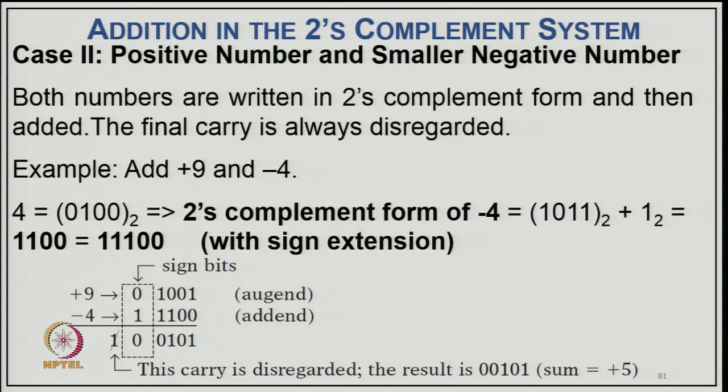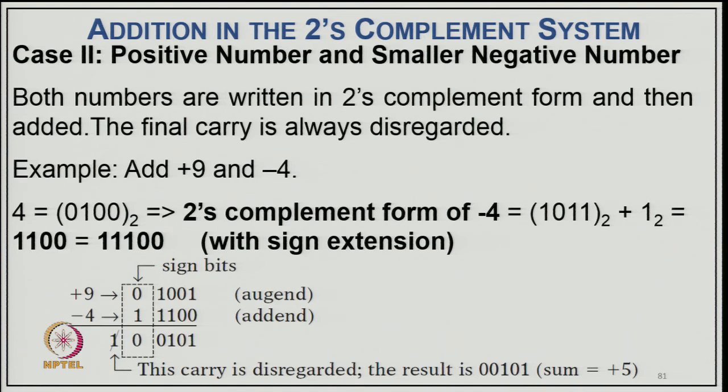Now, coming to a positive number and a smaller negative number, that is, one positive and one negative. Both numbers are written in two's complement form and then added, and finally the carry is disregarded. The example: add 9 plus minus 4. We have 4 in binary as 0 1 0 0, and the two's complement is for minus 4.